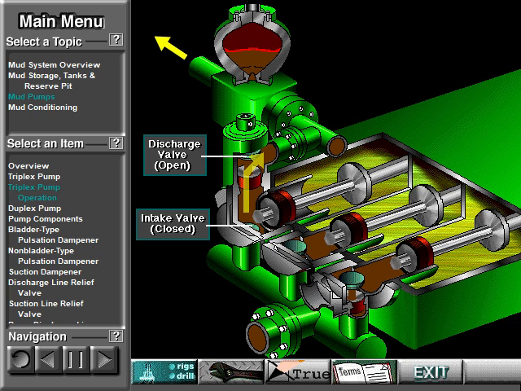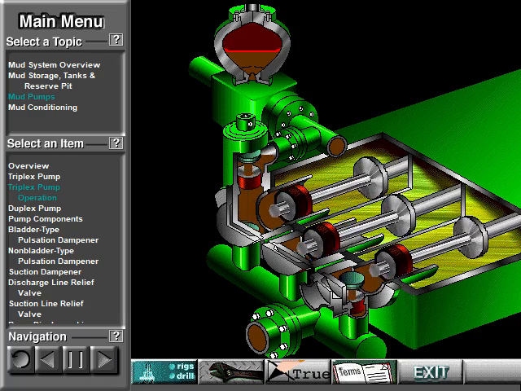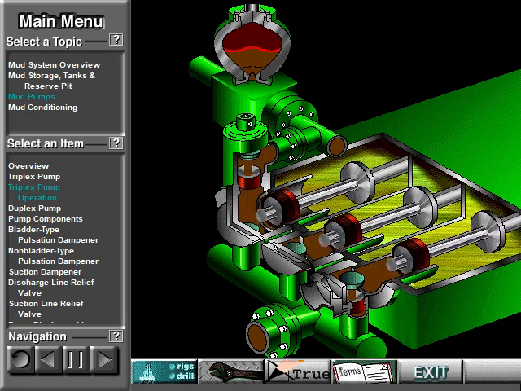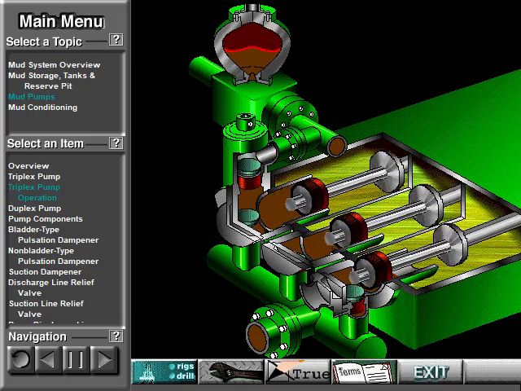A strong spring holds the intake valve closed. The left piston has completed its forward stroke, the full length of the liner, completely discharging the mud from it. All three pistons work together to keep a continuous flow of mud coming into and out of the pump.